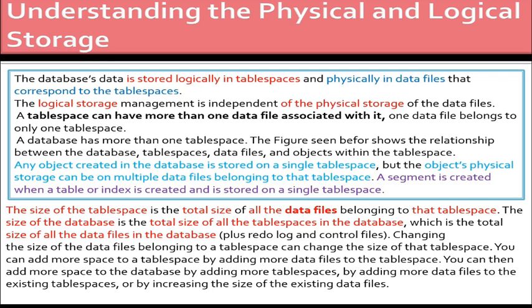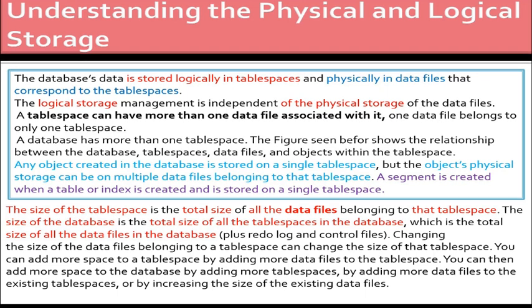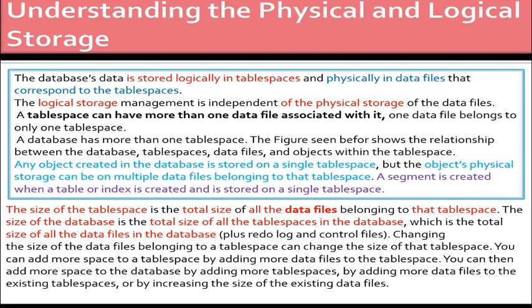The database data is stored logically in table spaces and physically in data files that correspond to the table spaces. The logical storage management is independent of the physical storage of the data files. A table space can have more than one data file associated with it.